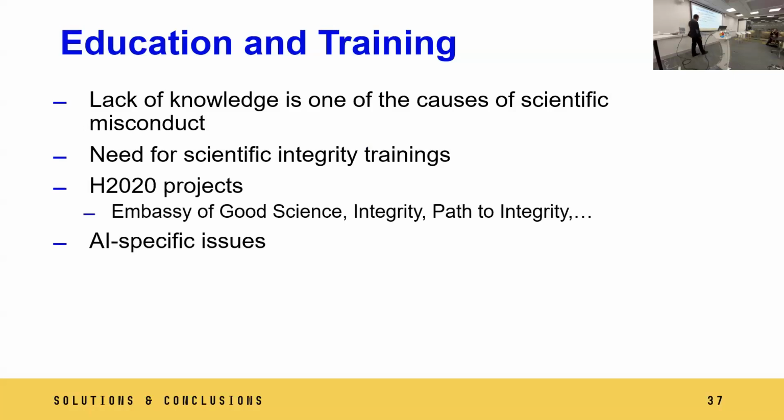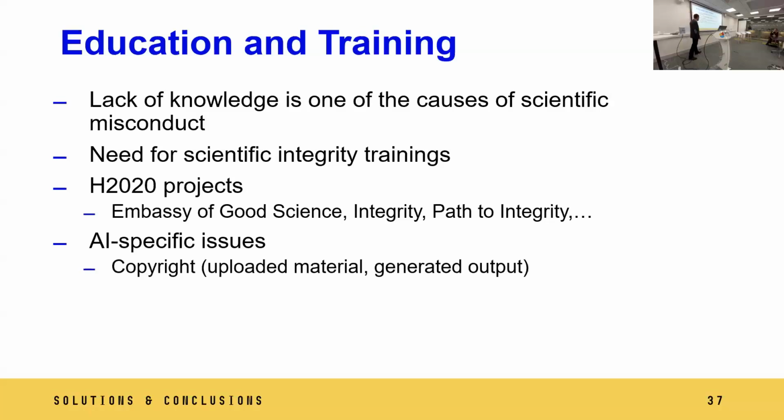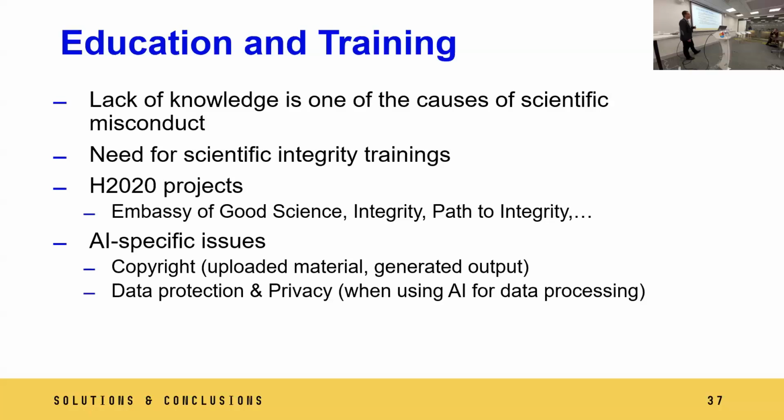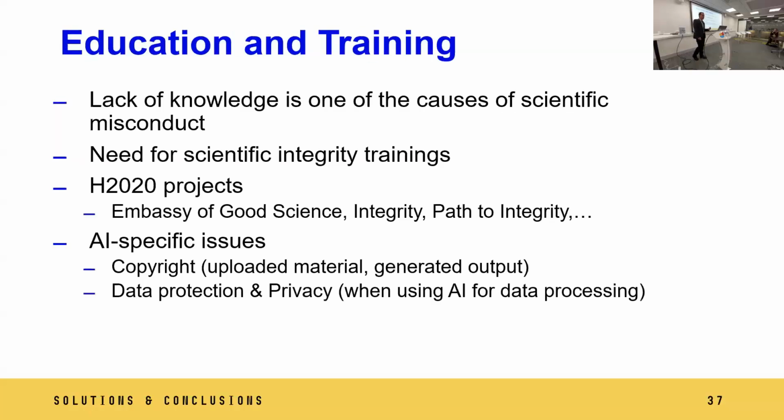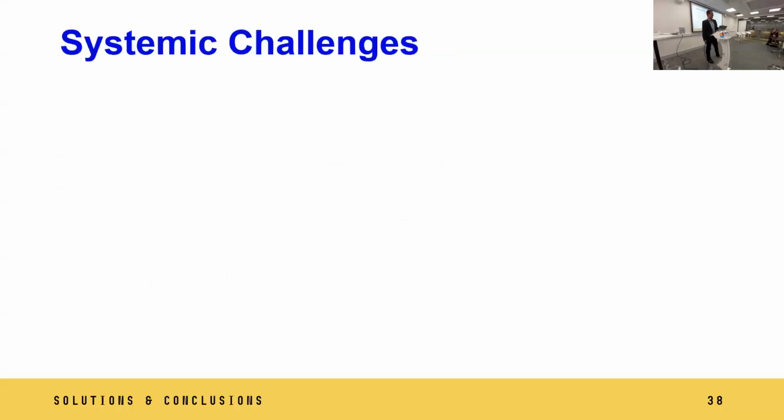There have been some Horizon projects that produced a lot of materials. There are maybe some AI-specific issues that should be introduced to these trainings. Copyright issues, both about uploading material and generated output, and data protection and privacy become more important than before. And there are some systemic problems in science.